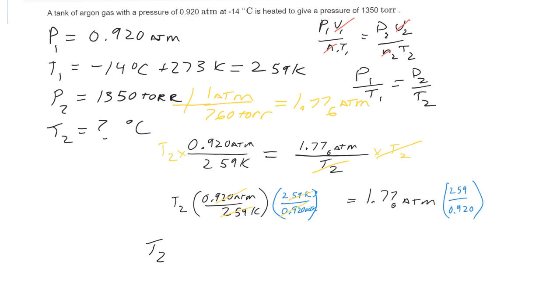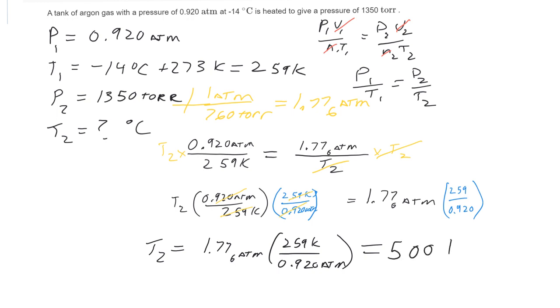Right, so now I have T2 equals 1.776 atm times 259 Kelvin divided by 0.920 atm equals, calculator work. Ooh, sweet.